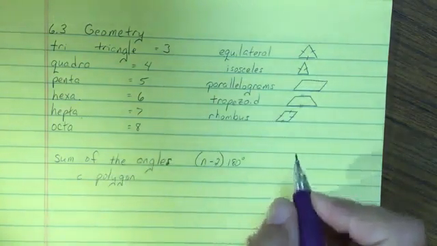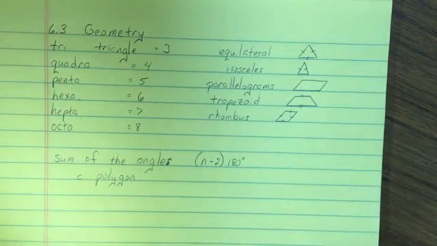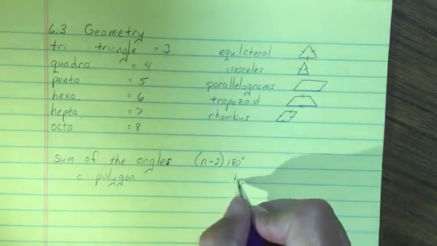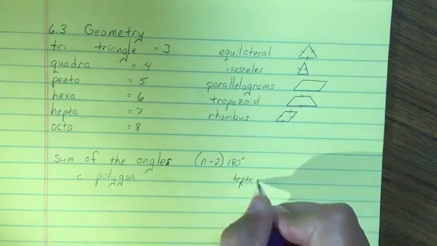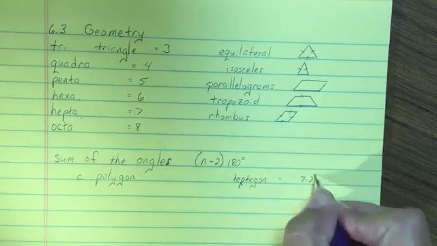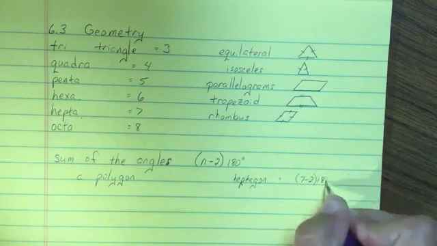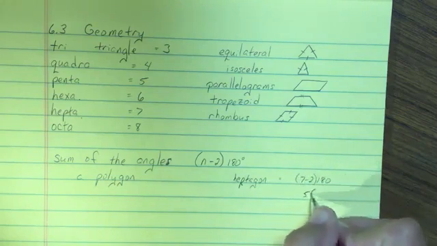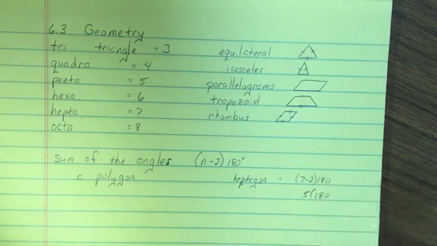So what if I was talking about a heptagon? Well, heptagon means 7, so we go 7 minus 2. 7 minus 2 is 5, and 5 times 180.